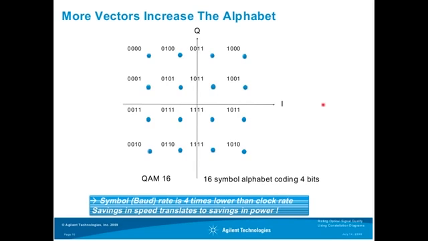Even QAM 1024 exists in RF. So the symbol rate in QAM 16 is 4 times lower than the clock rate. This means, in addition, not only saving in speed, but also saving in power, because the higher the bandwidth of your electronics needs to be, the more power it consumes.